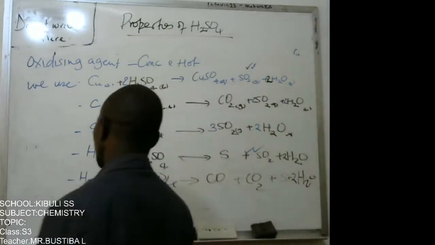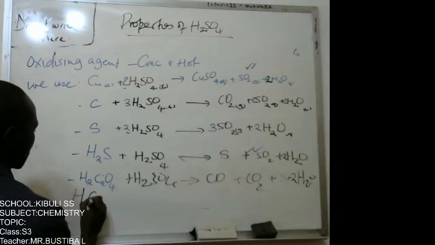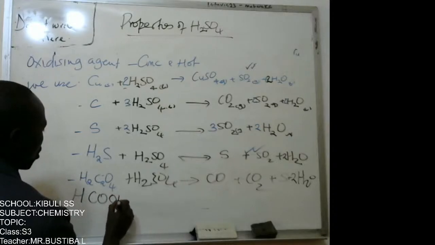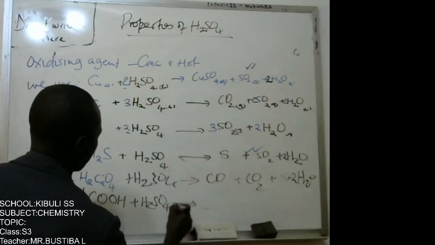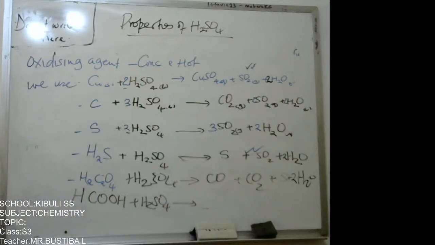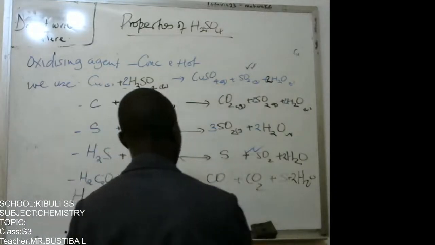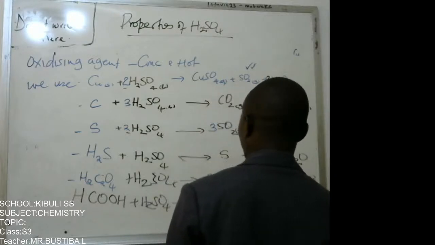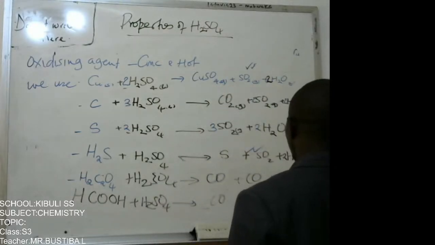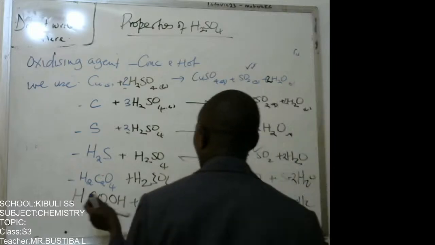The cheapest could even be methanoic acid, HCOOH, plus sulfuric acid. So the same carbon monoxide, carbon dioxide, sulfur dioxide, sulfur plus water. So you're trying to balance.